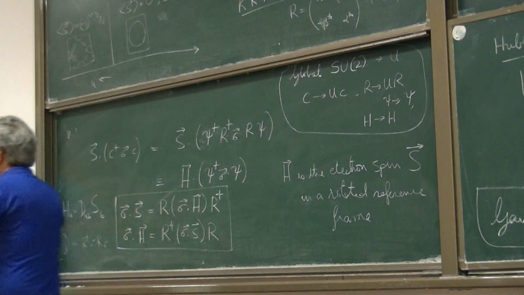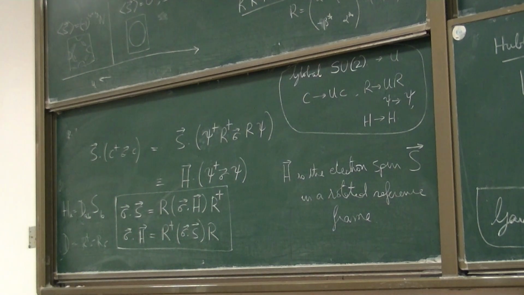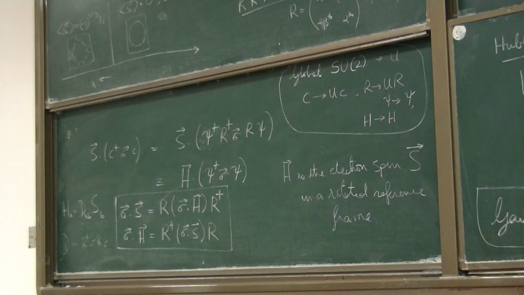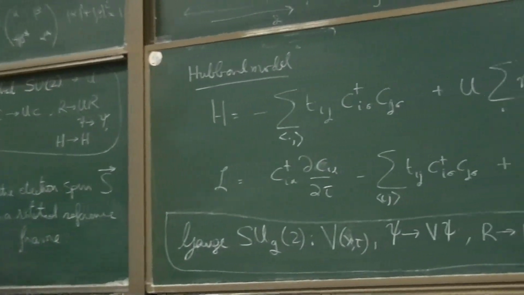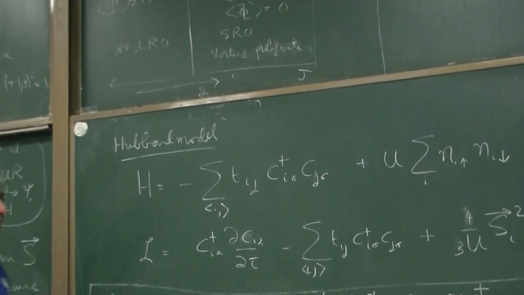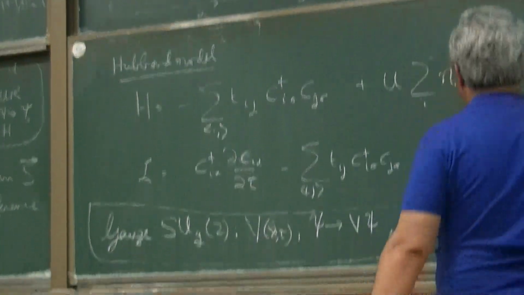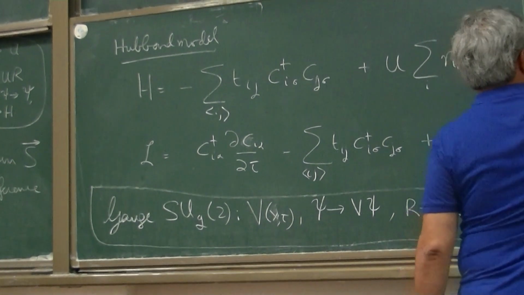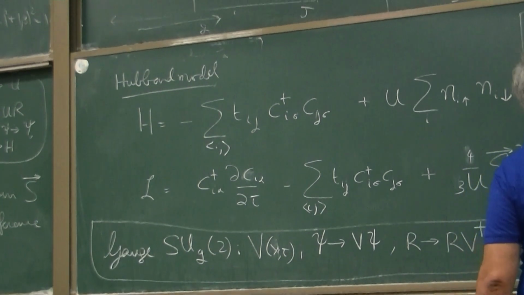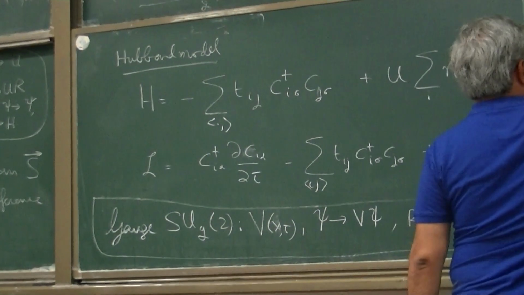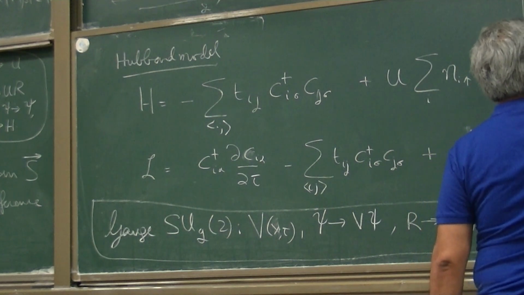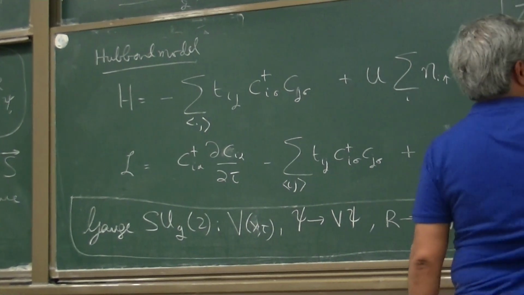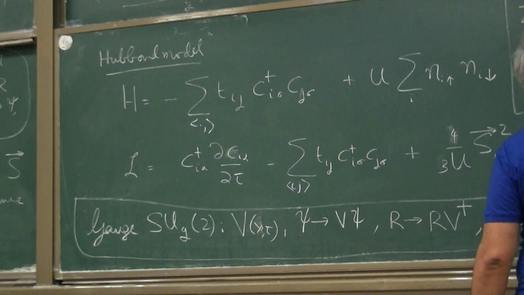So that's the thing to keep in mind, and now all you have to do is make this substitution and plug it in here. Just plug this in here, make this substitution also, remove S and replace it by H. The general strategy is that your partition function initially was a path integral over C, a path integral over S, from H, and now becomes a partition function of psi, of R, and of the Higgs field, of e to the minus some other Lagrangian here.